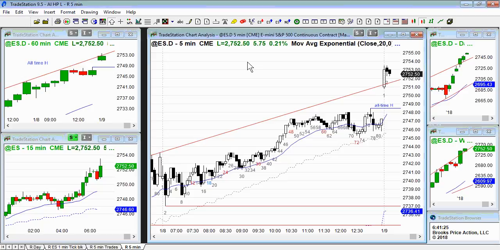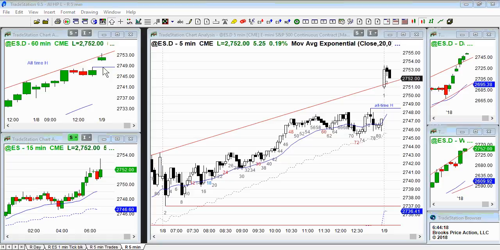And terrible follow through. One did not close on its high, had a 2-tick tail, and then 2, a bear bar. That's the sell signal. The math is okay for the sell, but because of that 2-tick tail on the bottom of 1, the probability is not as high as it could be.